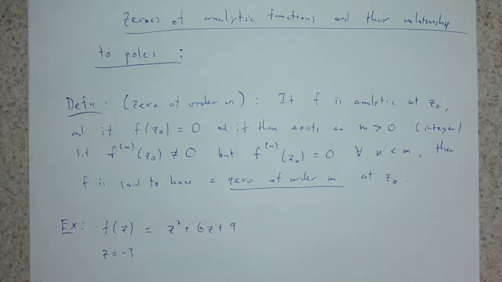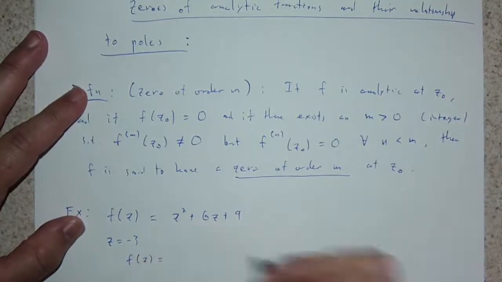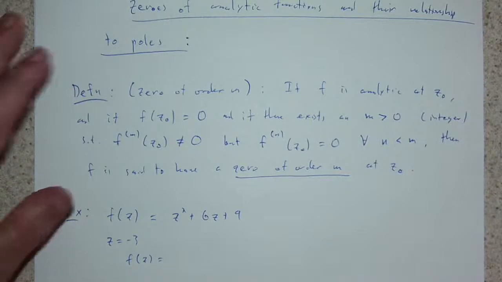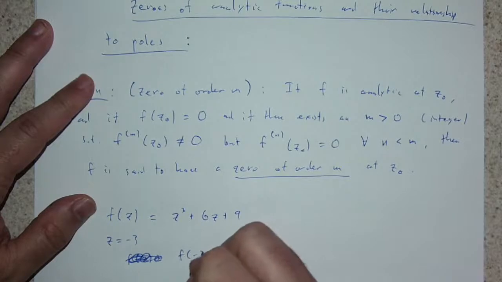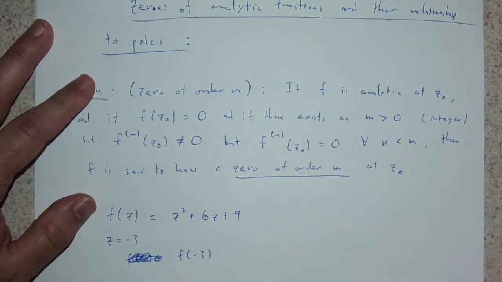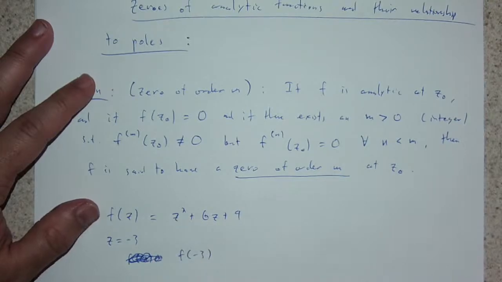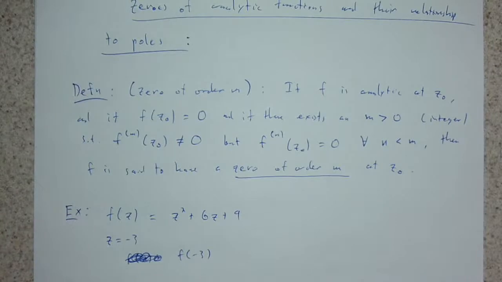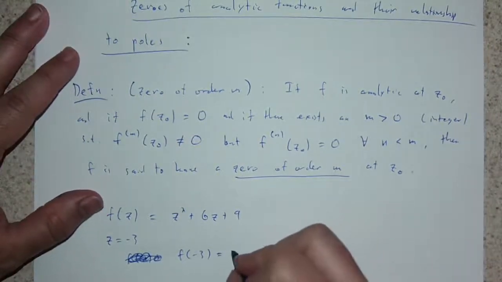Then clearly, you can just check, f of minus 3 is going to be 9 plus 9 minus 18, and that's going to do it. So f of minus 3 is 0.